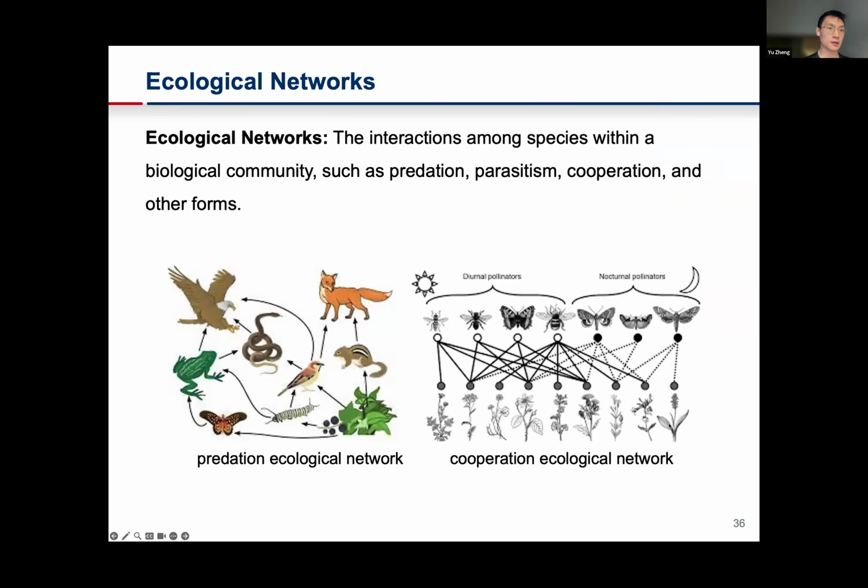And the second type of natural systems are ecological networks, which describe the interactions among species within a biological community, such as predation, parasitism, cooperation, and other forms of interactions between species.